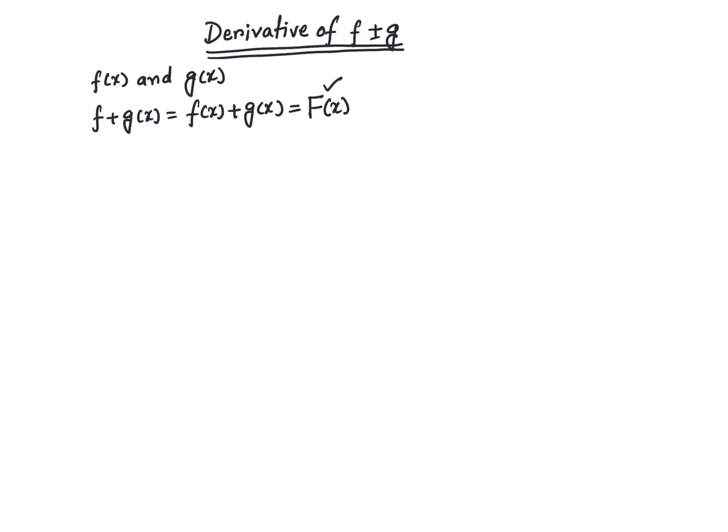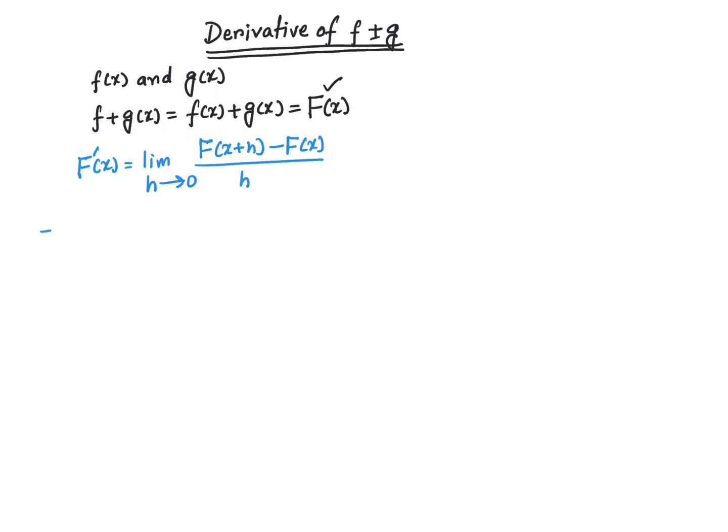Now, using the definition, I'm going to have F prime of x is equal to the limit as h approaches 0 of F of x plus h minus F of x, all of it divided by h.